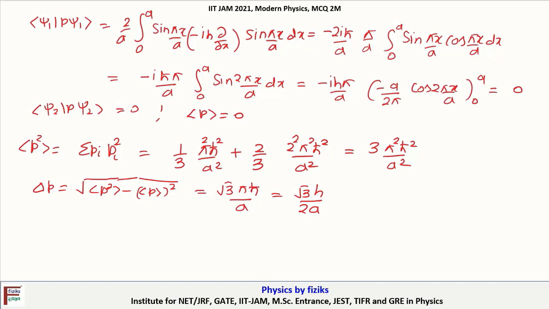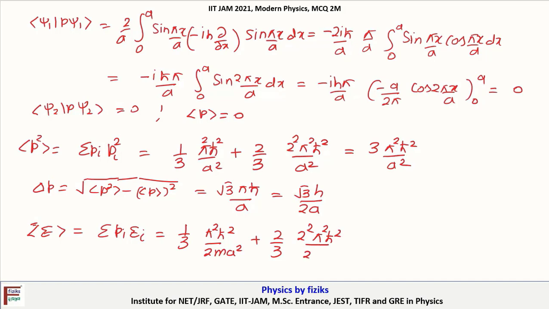Energy for this question: the average energy would be given by the summation of pi Ei, which is equal to 1 by 3 times the energy of the first state, pi square h square by 2 m a square, plus 2 by 3 times the second, 2 square pi square h square by 2 m a square.